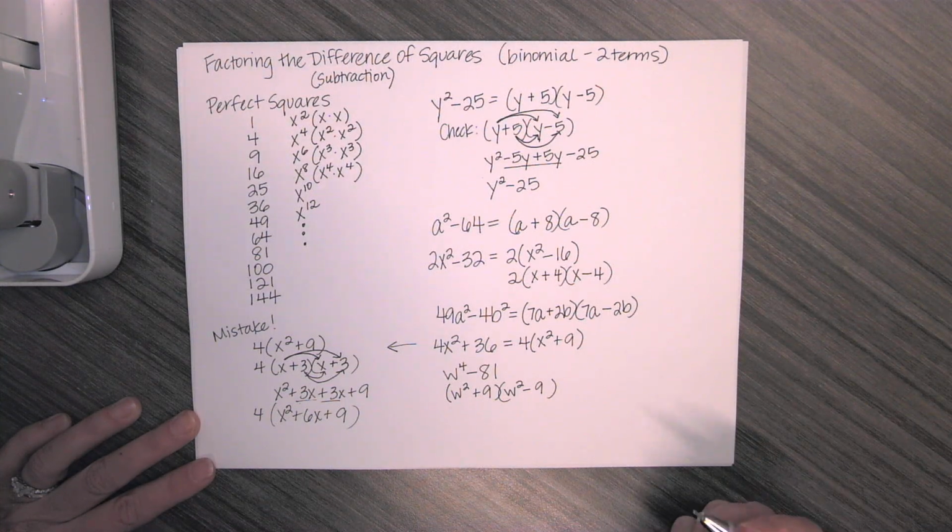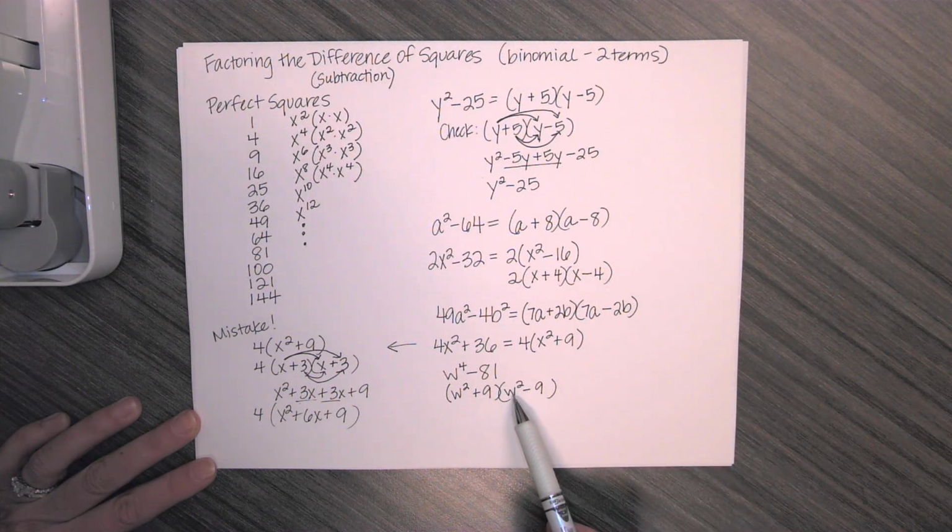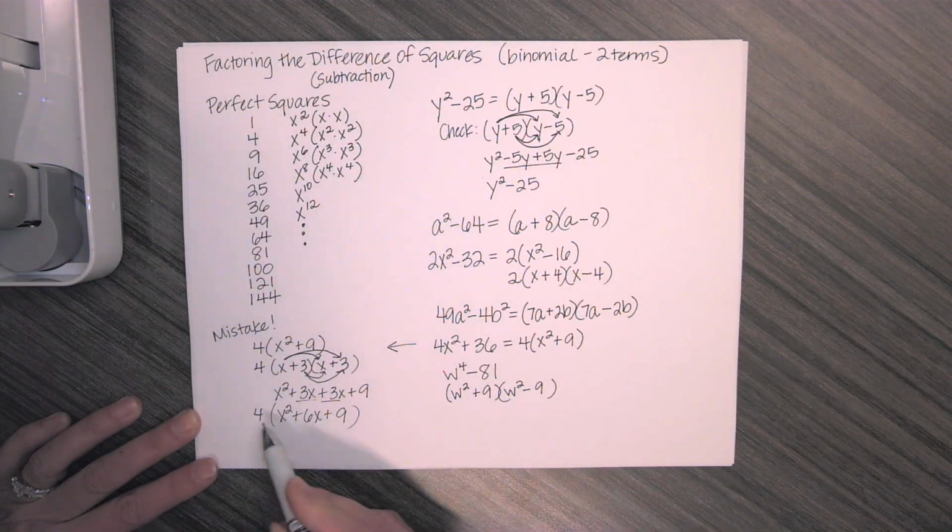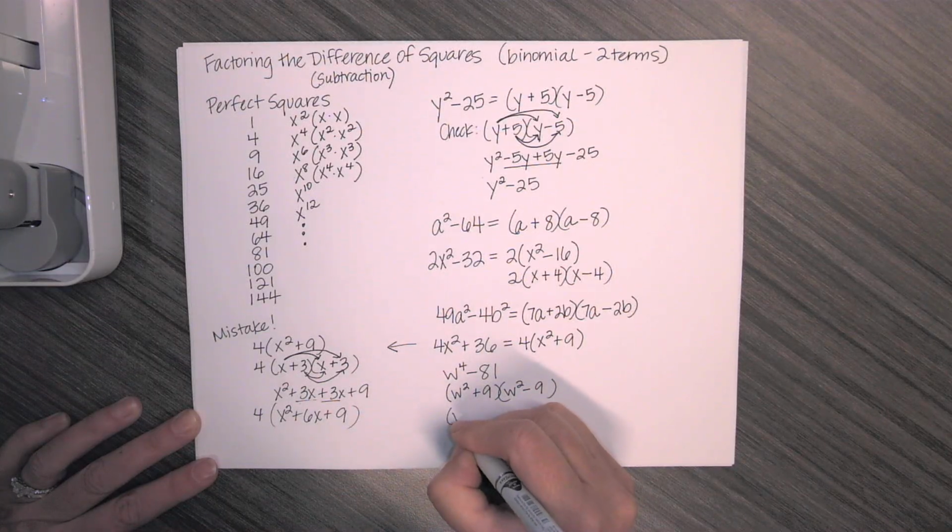Now, we're good so far, but we're not finished, because if you notice, this second factor is the difference of squares again. W squared is a perfect square. 9 is a perfect square. Now this other factor is the sum of squares, and we just talked about how the sum of squares will not factor.